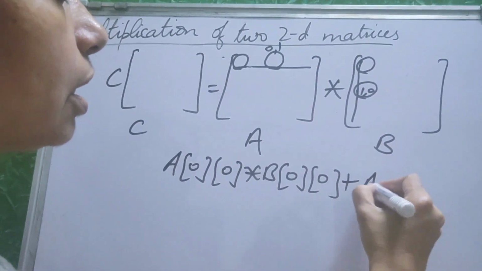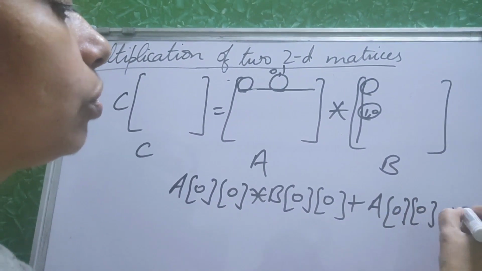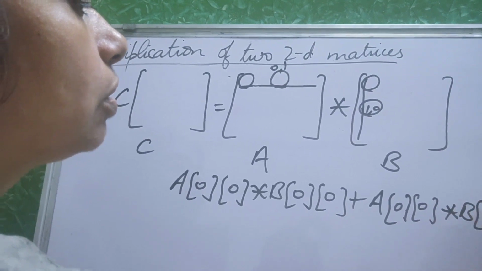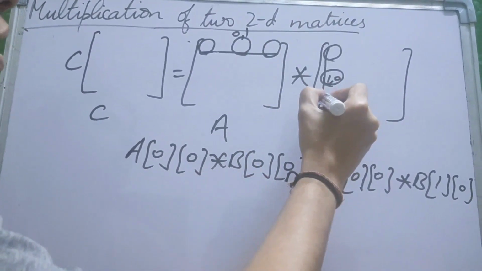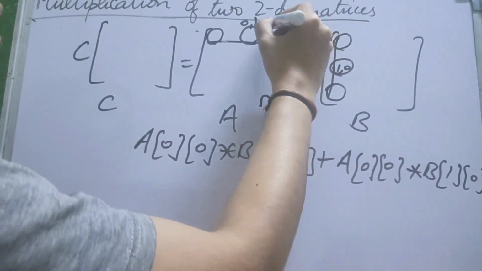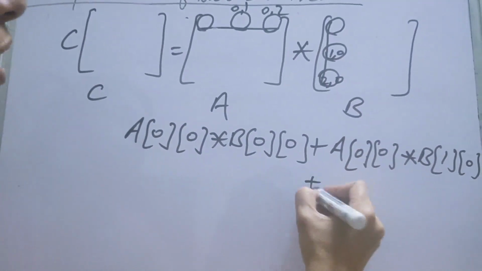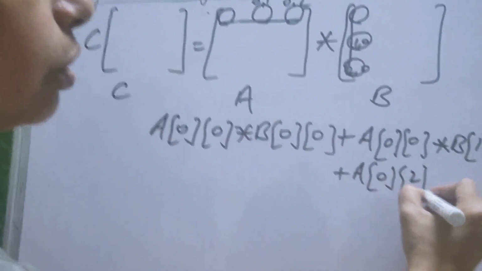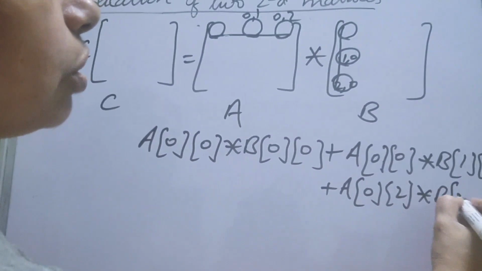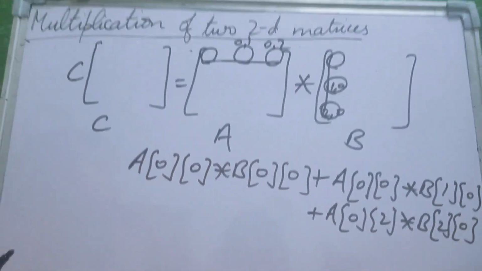Plus A 0 1 into B 1 0. Now this multiply. This is 0 2 and this is 2 0 index, plus A 0 2 into B 2 0, and addition of all these.